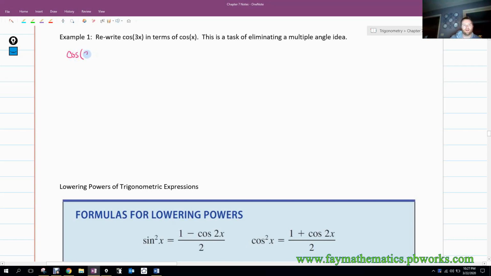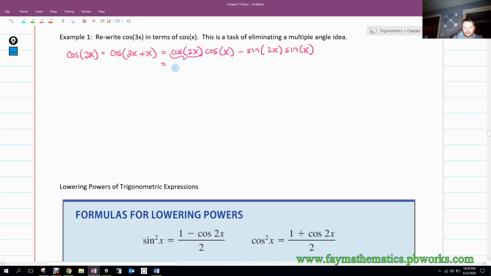So I'll take cosine of 3x, and this works no matter whether it's 3x, 4x, 5x, 6x, but we're going to break this apart into cosine of 2x plus x. Now we use our sum and difference formula for cosine. So that is cosine of 2x, cosine of x, minus sine of 2x, sine of x. Now I'm going to use my double angle formulas.